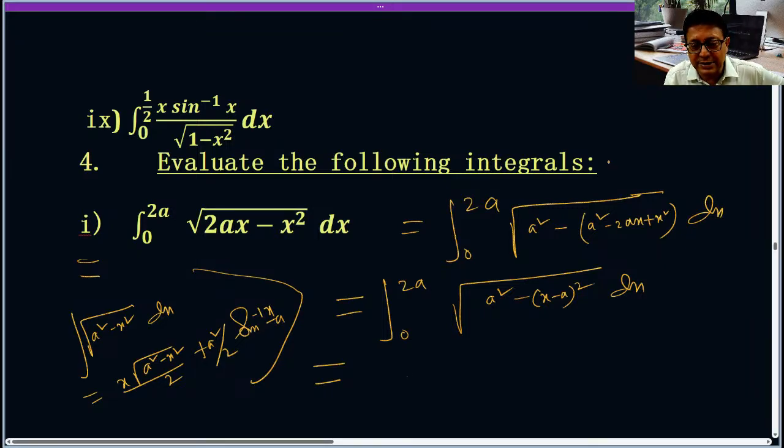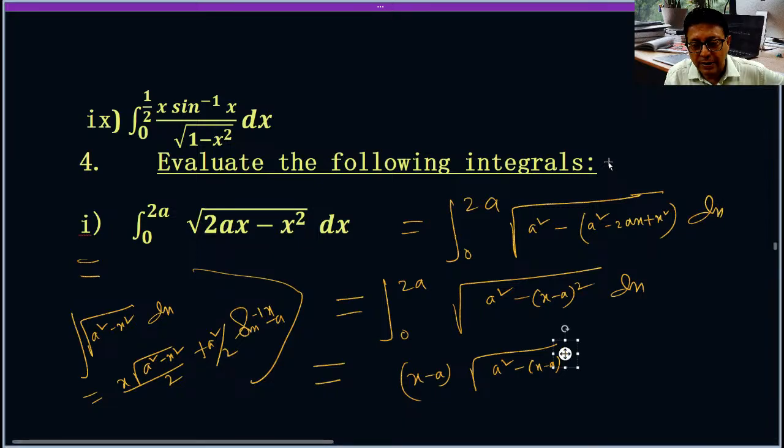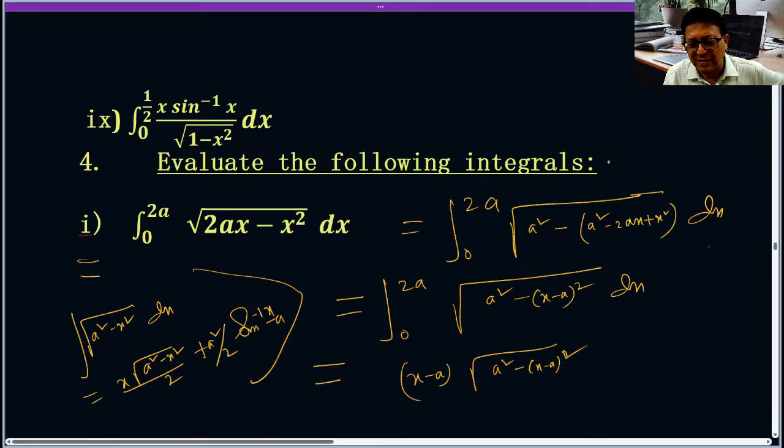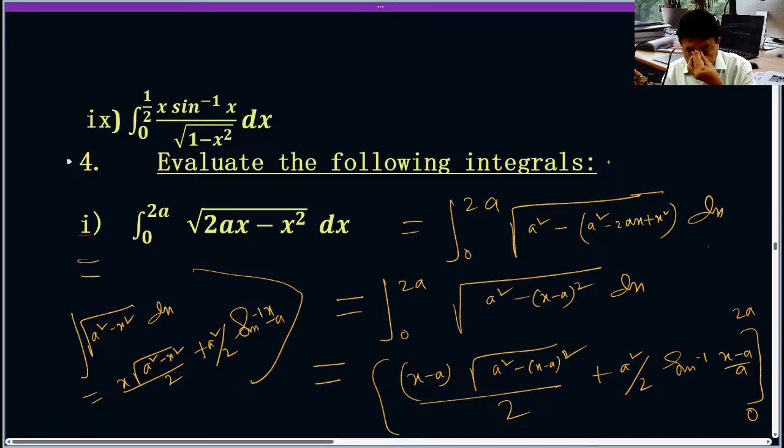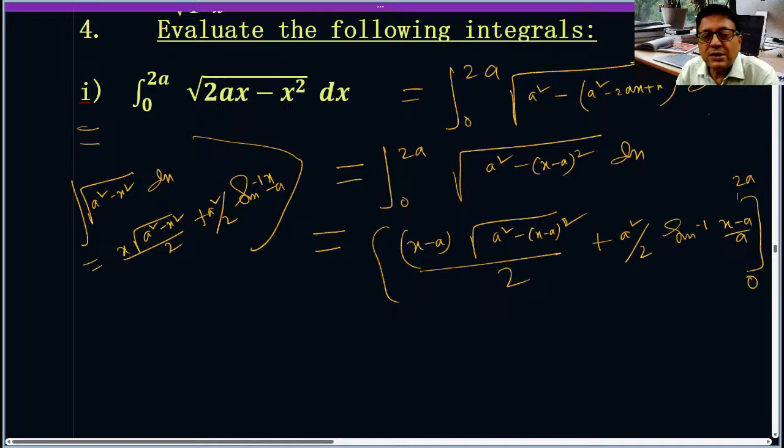This will be x, means x minus a, this by 2 plus a square by 2 sine inverse, just upper minus lower. Okay, just do the upper part minus lower part.